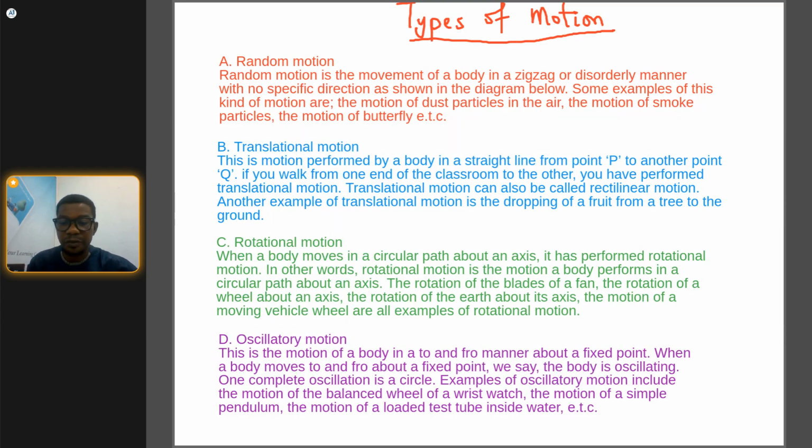All right, so we have the four types of motion on our screen.